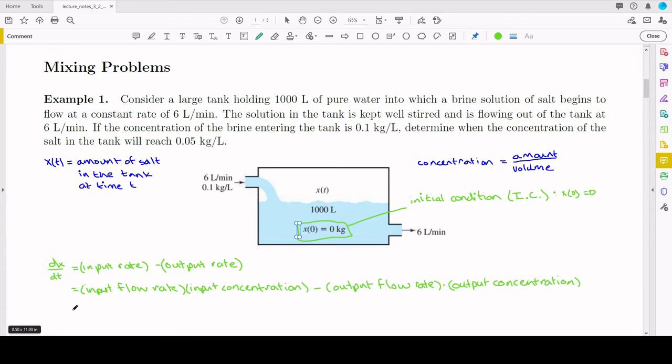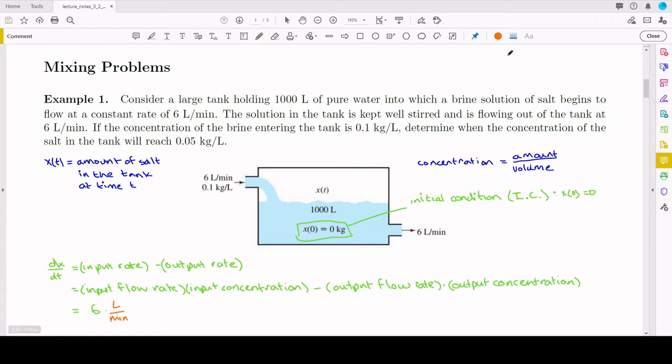Okay, so now we have to figure out what are these rates and these concentrations. So the input flow rate is 6 liters per minute. I'm going to write 6, and then I'll put the units in here, which is not strictly necessary, but I want to show you that this makes sense. So it's liters per minute. And then the input concentration is 0.1 kilograms per liter.